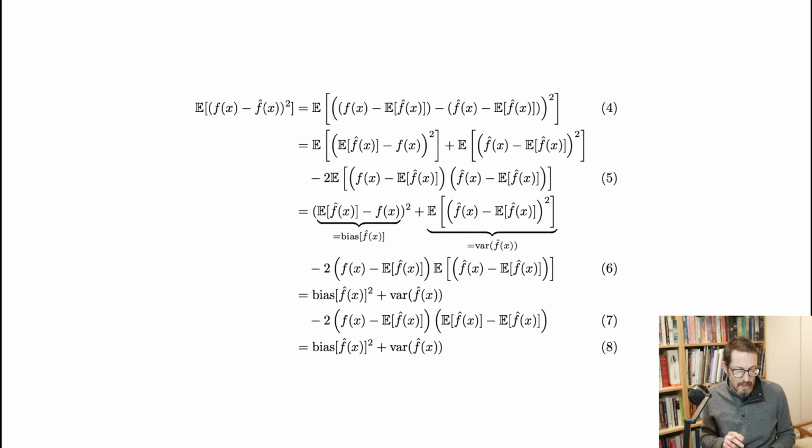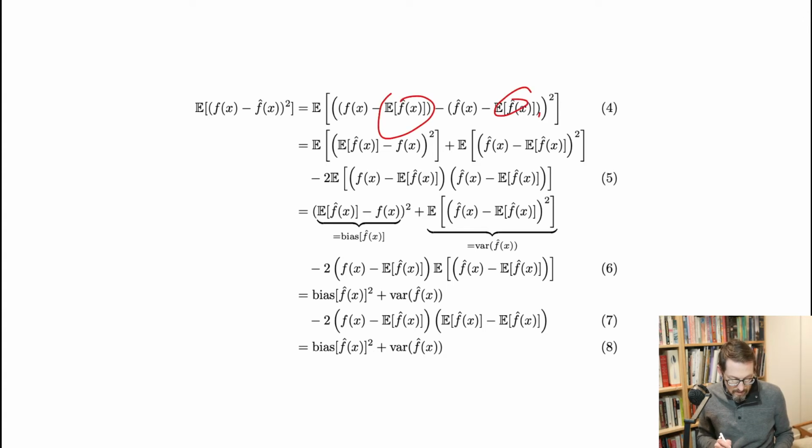All right. And then in equation 6, fundamentally what we're going to do is pull f of x minus the expected value of f hat of x out of the expectation, because as we mentioned, it's a constant, so it can just come right out. And then lastly, 7 is because of the linearity of expectation, that we can move things around because they're linearly independent. Okay, and then we get that final one, 8.